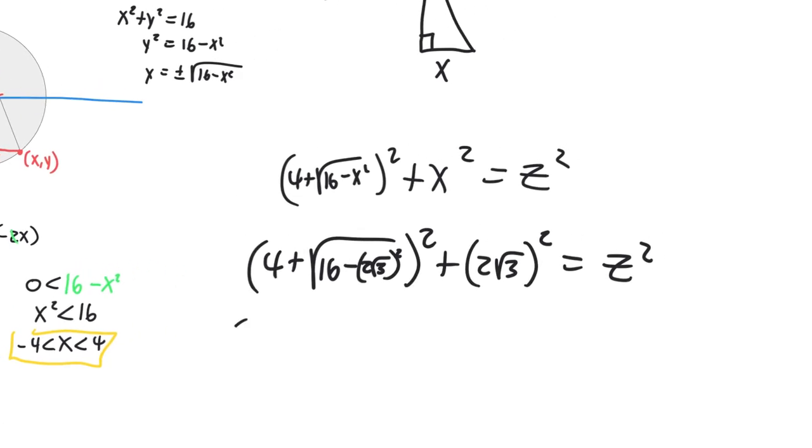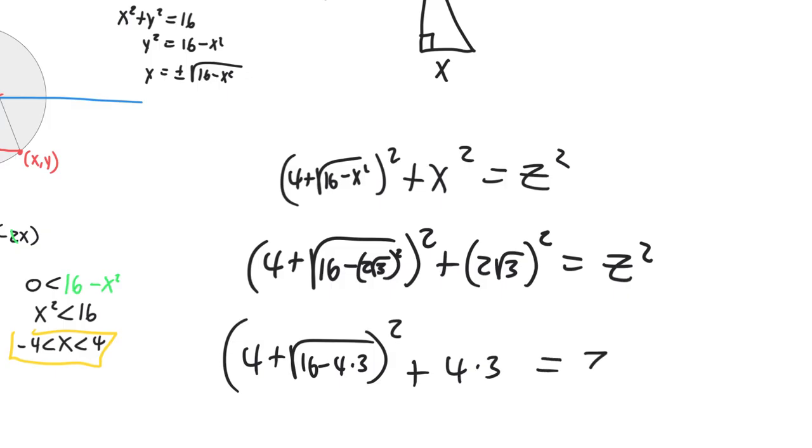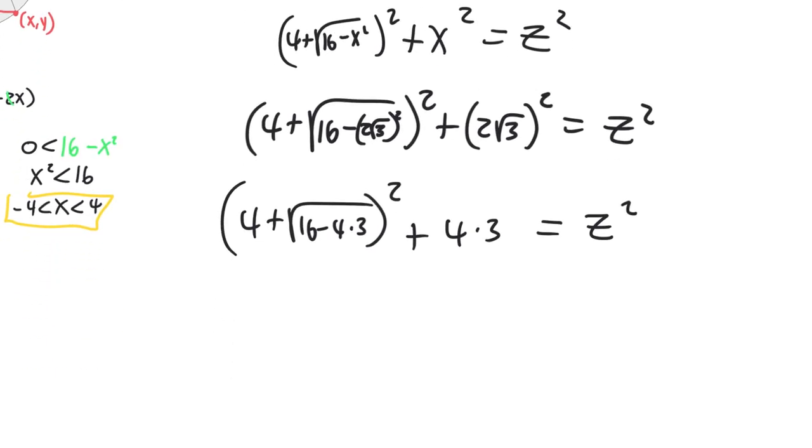So what are we looking at? We are looking at 4 plus the square root of 16 minus 4 times 3, right? Plus 4 times 3, and that's going to equal z squared. We are looking at 4 plus radical 4, I guess, right? Plus 12, and that's going to equal z squared.